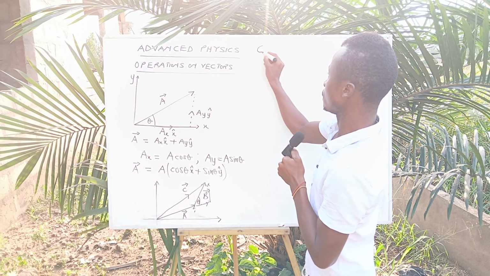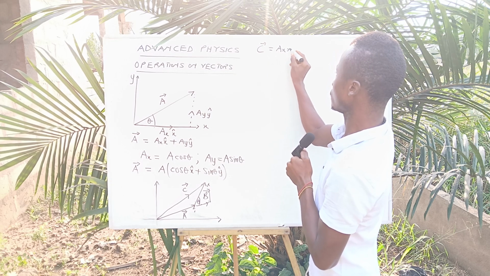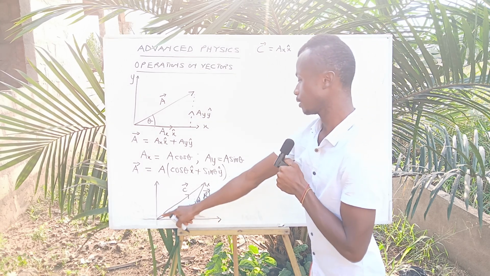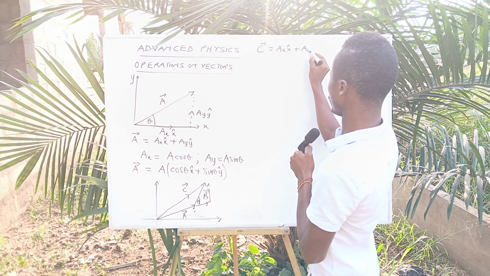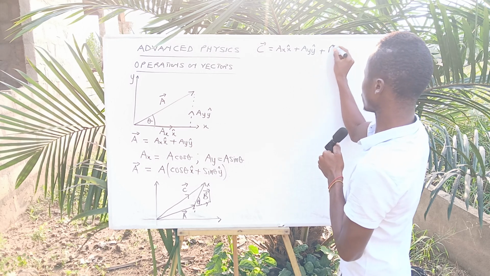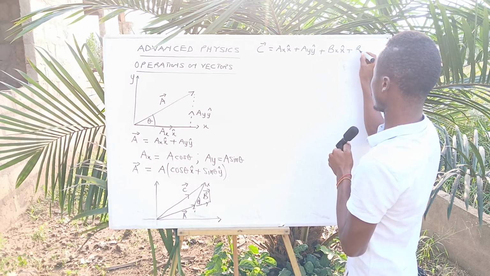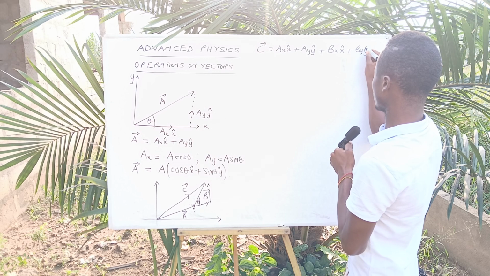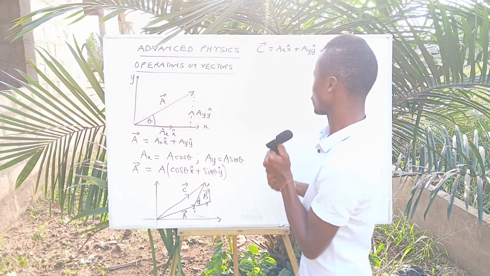So vector C is going to be equal to AX, x roof, plus AY, y roof, plus BX, x roof, plus BY, y roof. That is the arithmetic sum of the two vectors.